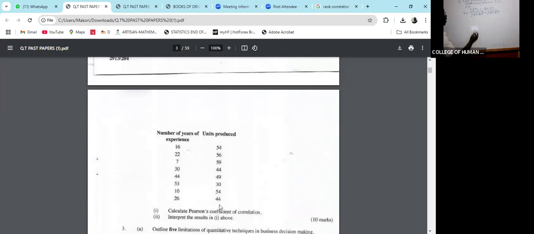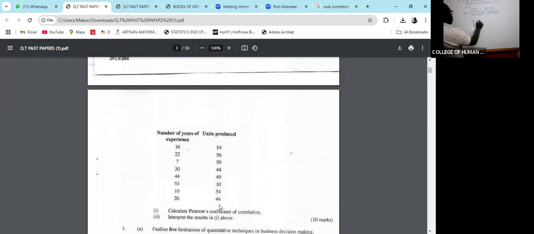The number of years of experience will be my X, where we have 16, 22, 7, 30, 44, 53, 10, 26. Those are the X, the years of experience.